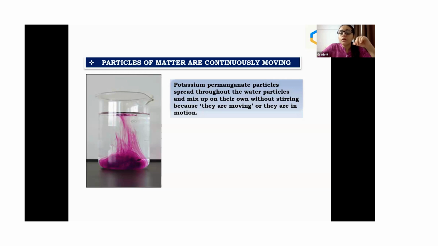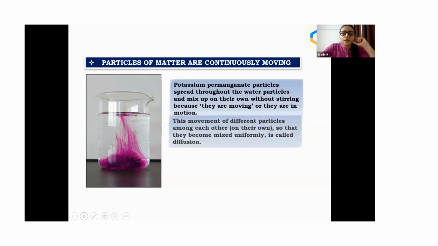Like if we put ink inside the water, the ink starts spreading inside the water, and the water gradually turns blue, right? That means these particles are in motion, that without stirring, they keep on changing the color.